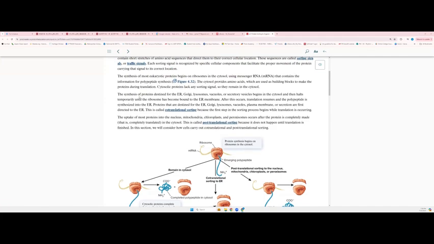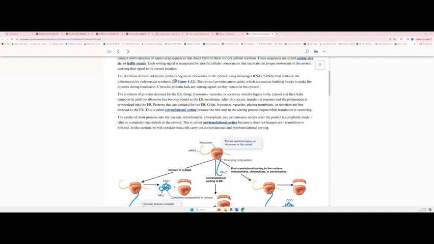So how does this kind of protein sorting happen? For example, proteins designated for the ER, Golgi, lysosome, and other organelles begin synthesis in the cytosol, and then they stop temporarily until the ribosome has become bound to the ER membrane.